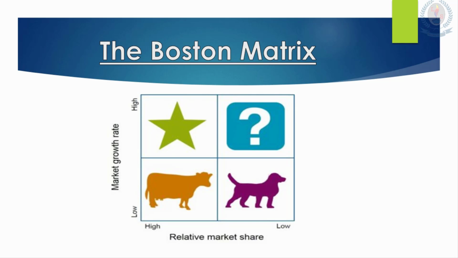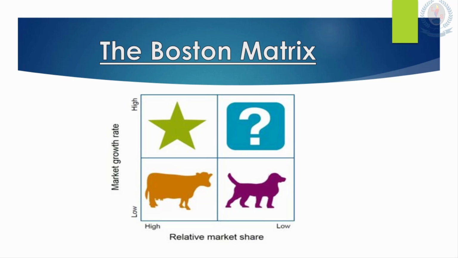The Boston Consulting Group, or we call it BCG, has introduced this matrix as a tool for portfolio analysis. Some know this matrix as the Boston matrix, and sometimes we call it the growth share matrix, and some directly call it the BCG matrix.